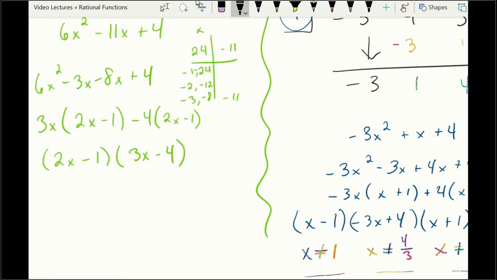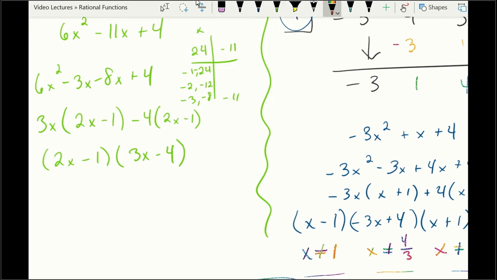Okay. So now we're looking. Can we cancel any same factors from the top and the bottom? And we see these kind of look the same.